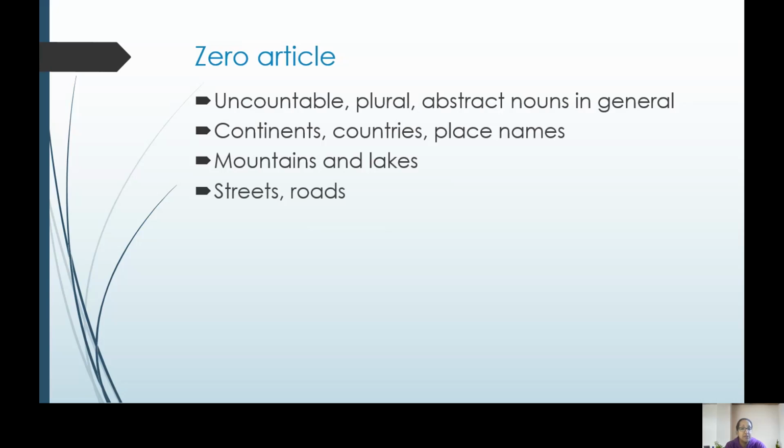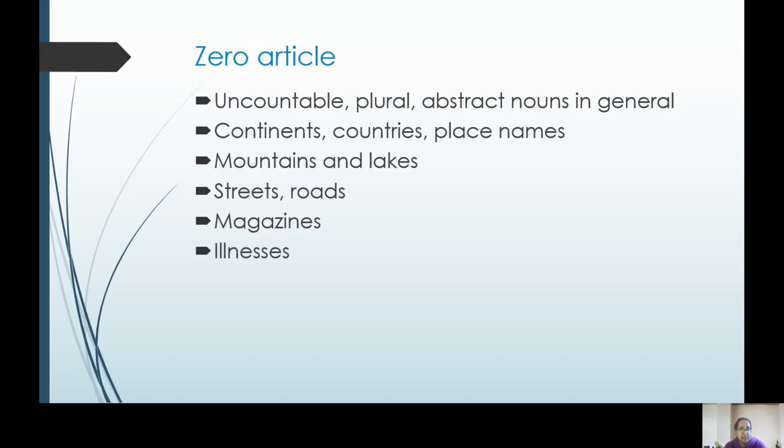Streets and roads, we don't use an article unless it's a number or a letter road like A50. Magazines, so newspapers we do use "the", but magazines we don't use "the". For example, Cosmopolitan is a popular magazine.